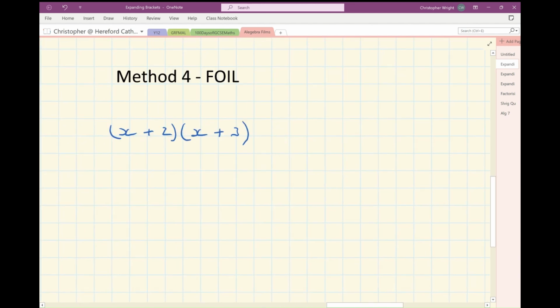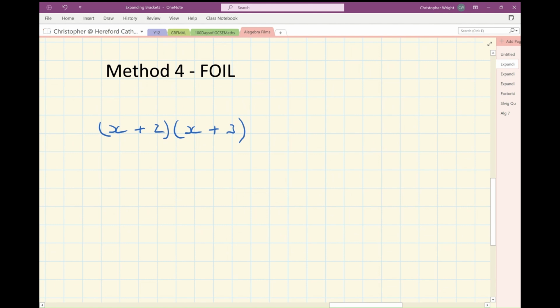Right, FOIL. Now, if you've done FOIL at school, your teacher may have made you write this down and may have made you go, okay, the first one in each bracket, x times x is x squared. The outside of each bracket, now I don't know whether your teacher will have drawn that up here, might have done. The outside of each bracket, that gives you 3 times x.